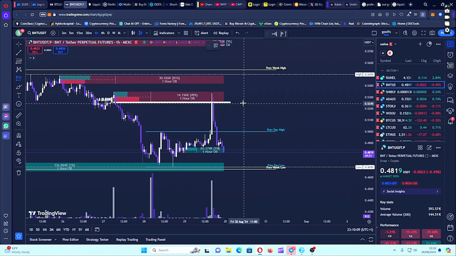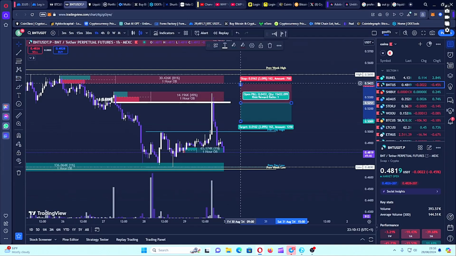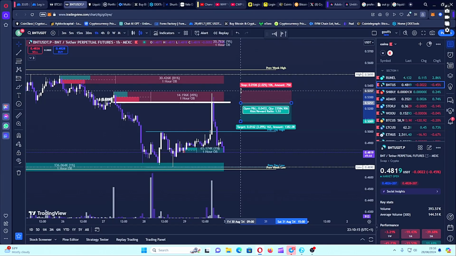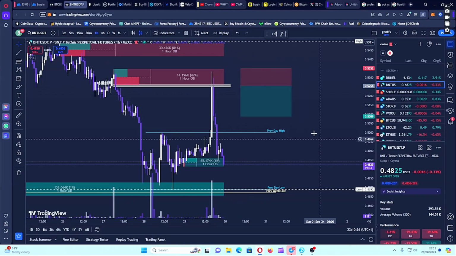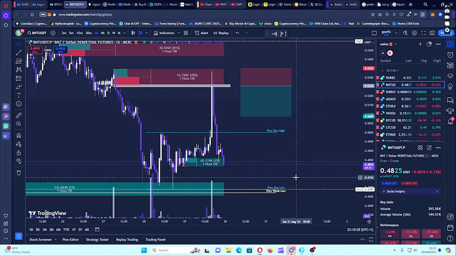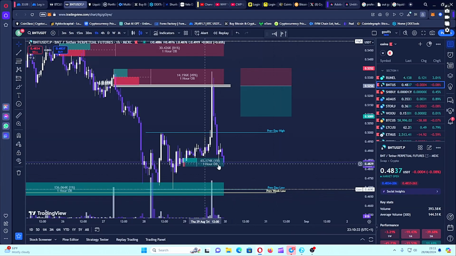I know this is in hindsight, and everybody's going to say, yeah, it is in hindsight at the minute, because like I said, I'd not traded it. But you could have had a short position here in that fair value gap. So say that's the midpoint of the fair value gap. And then what you're going to be looking at is where's the nearest bullish order block, which is here.